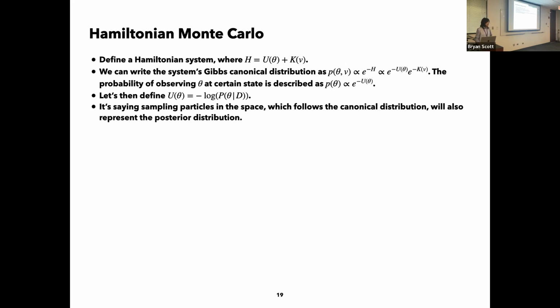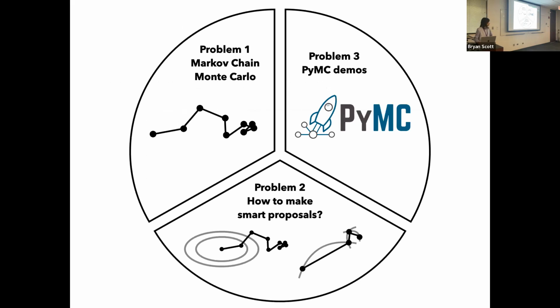PyMC is now one of the most commonly used probabilistic programming languages in astronomy, in my opinion. So let's take a look at PyMC, and we will work on the line fitting example again, and then a real astrophysics example after that.